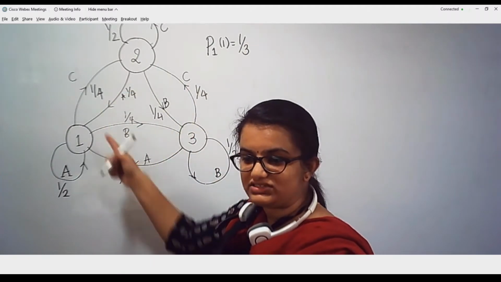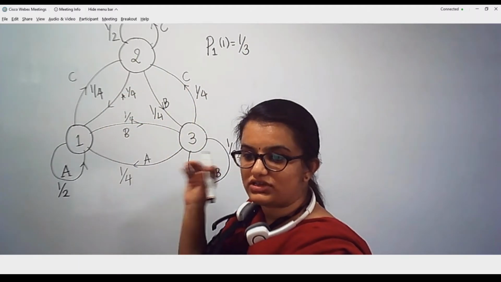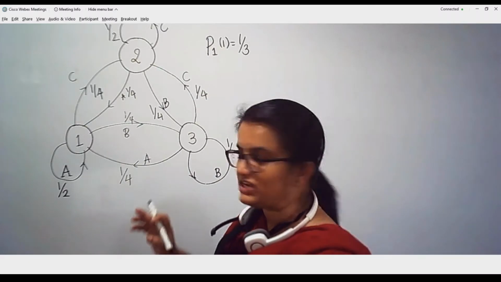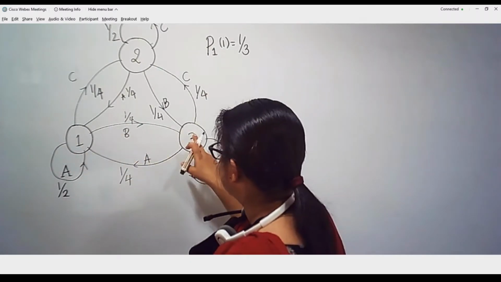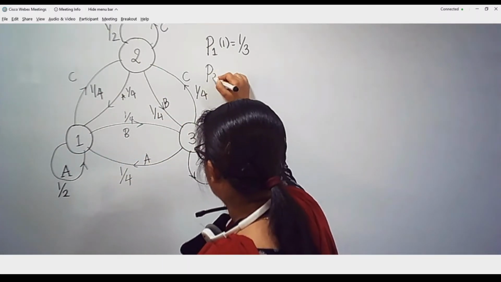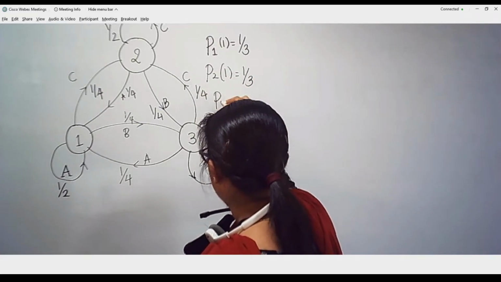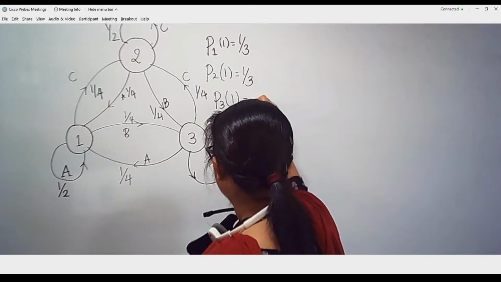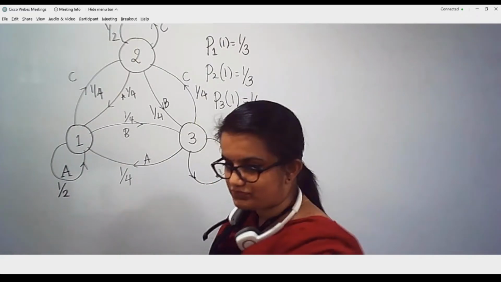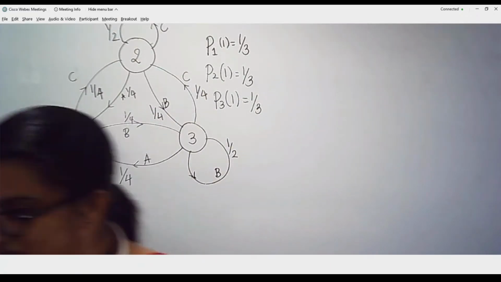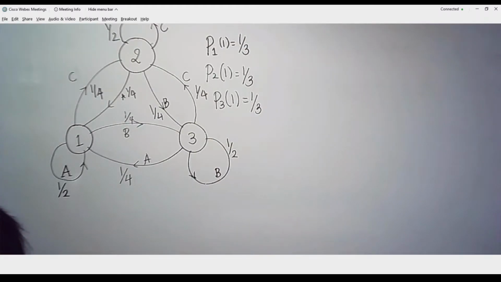All these 3 states will have equal probability of the source starting from state 1 or state 2 or state 3. So P2 is 1 by 3, P3 of 1 is equal to 1 by 3. This is the initial known thing for us.